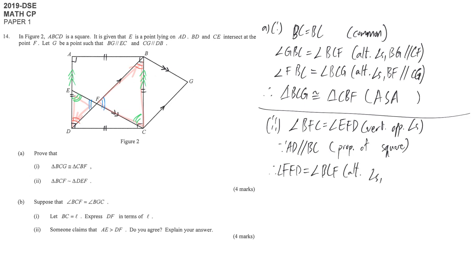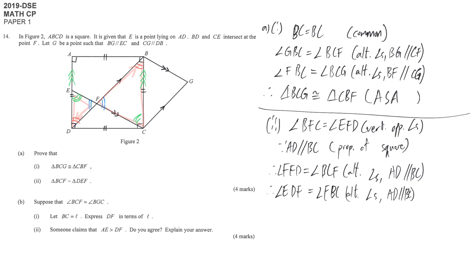Alternate angles, AD parallel to BC. Also, the red angle, angle EDF, is equal to angle FBC. Alternate angles, AD parallel to BC.